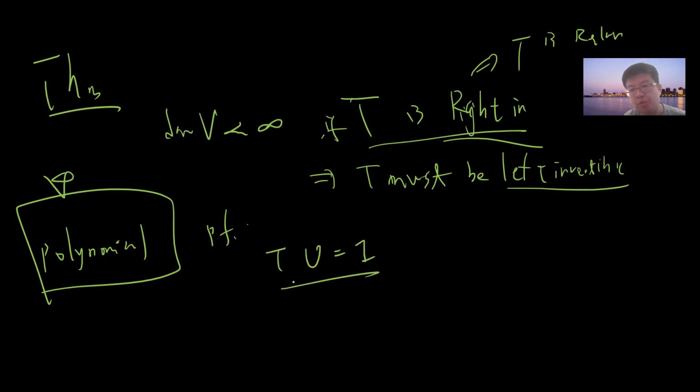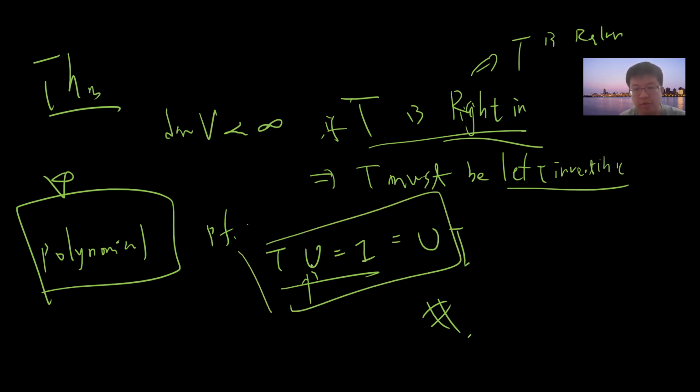But this U is just a polynomial of T, so it commutes with T. So UT is 1. Okay, so U is a two-sided inverse. So the first proof is that you just view your U as a polynomial of T.